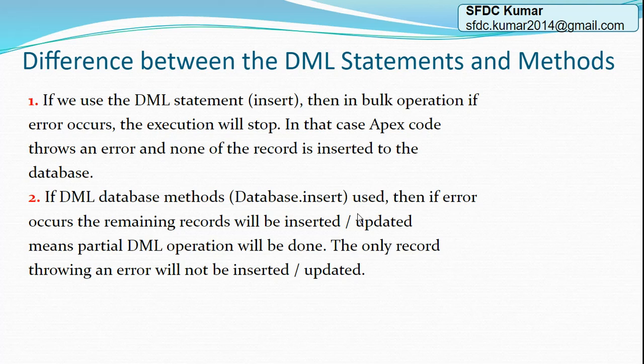For example, with 10 records, when we are using database dot insert or update, if the sixth record has an error, that record will be skipped and the rest of the records will be executed. Means nine records will be committed to the database. Out of 10 records, the sixth record gets an error, so the remaining nine records will be committed to the database.